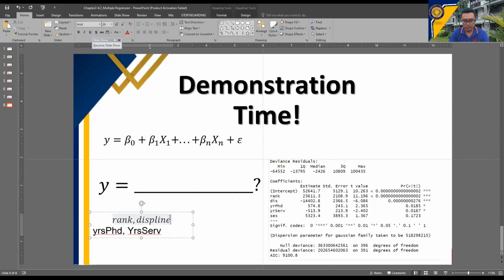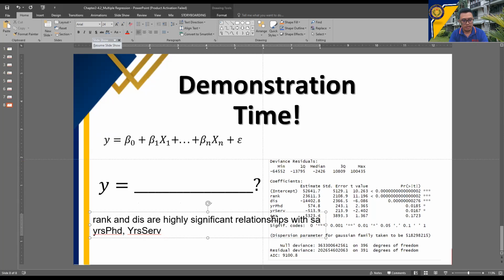So here, the rank and the discipline have significant relationships with salary.